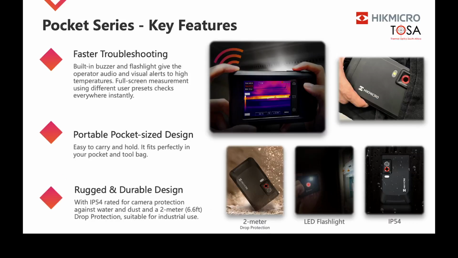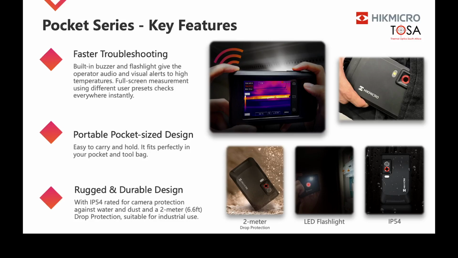So what do these key features help with? There's much faster troubleshooting. There's a built-in flashlight and a buzzer. The buzzer is something that we can set up if a particular temperature is larger than a preset temperature. The buzzer will alert you to the fact that it is measuring a higher temperature than your preset temperature.